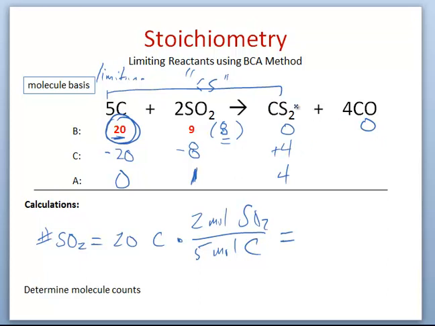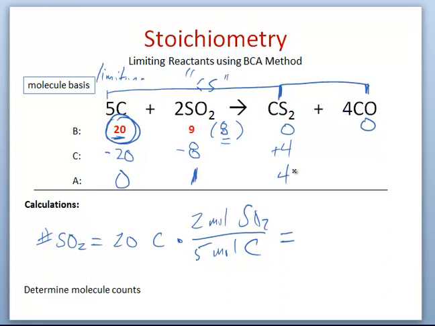And then here, now, when we're thinking about how many molecules of carbon monoxide we're going to make, rather than going all the way back to the carbon and using a 4 to 5 ratio, I'm just going to do a little shortcut here, and I'm going to say, well, for every 1 molecule of carbon disulfide, my balanced chemical equation says we're going to make 4 molecules of carbon monoxide.